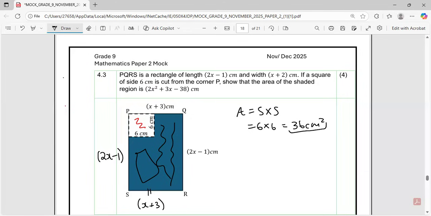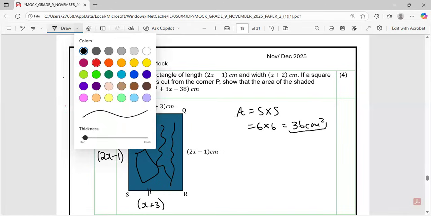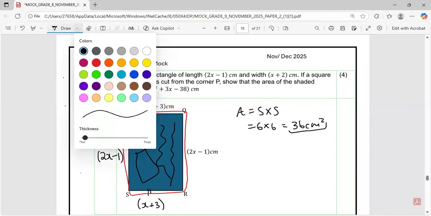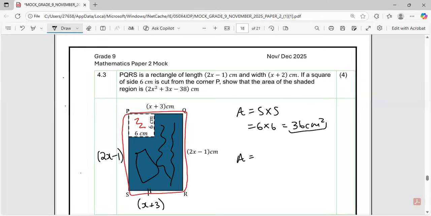So this one that is not shaded, we know that the area of it is that much. Now let us find the area of the whole big one. We will find the shaded after. The area of it is length times breadth.